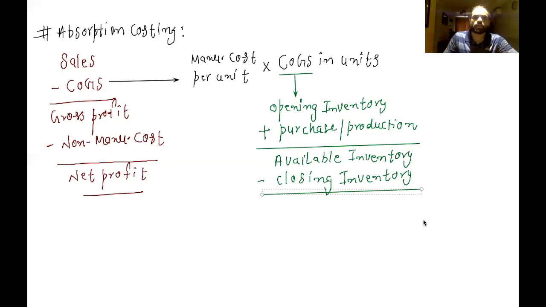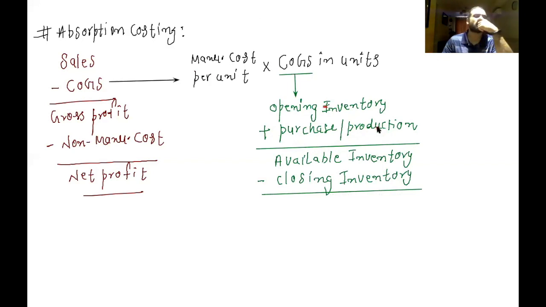One thing I need to explain that I may have forgotten last time. So remember, opening plus purchase if you're talking about raw material. You can call it production if you talk about the finished goods, right?